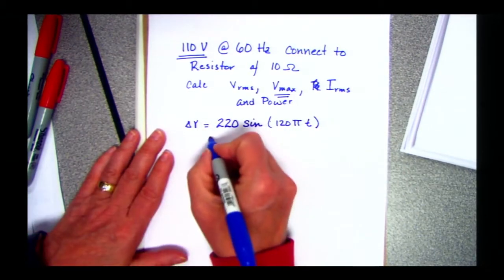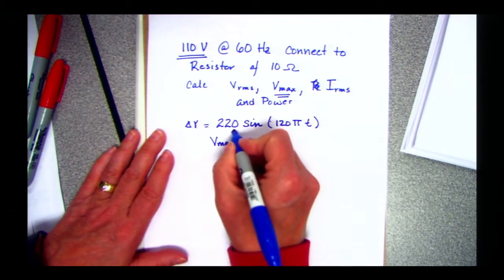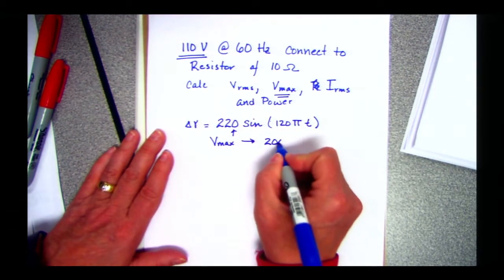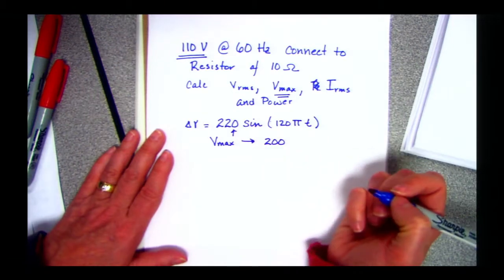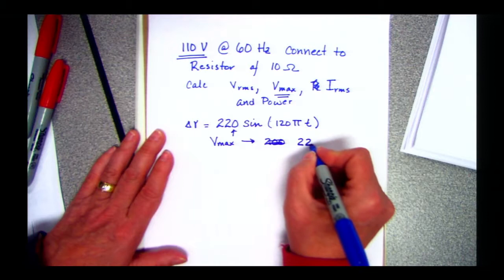And it might ask you what the voltage max is from that. Remember, I can read it right off my equation, which is why we spend so much time with that back when we did our simple harmonic motion, because that tells me that it's, oops, I wrote it down wrong, 220 volts.